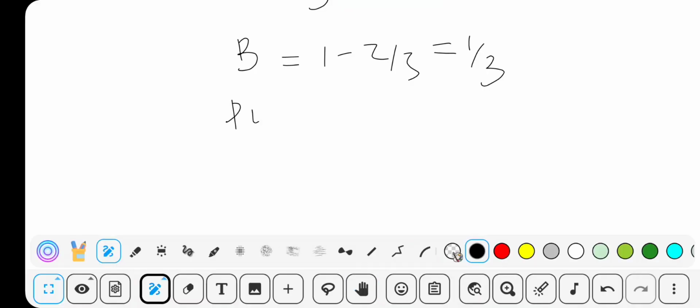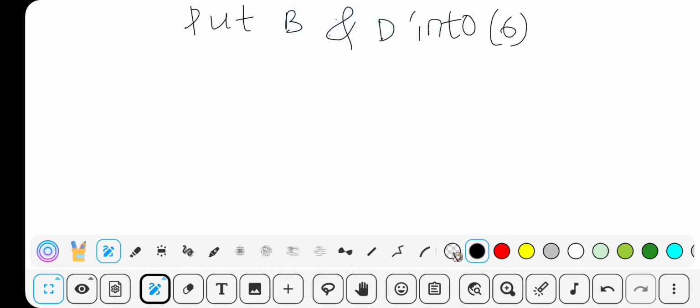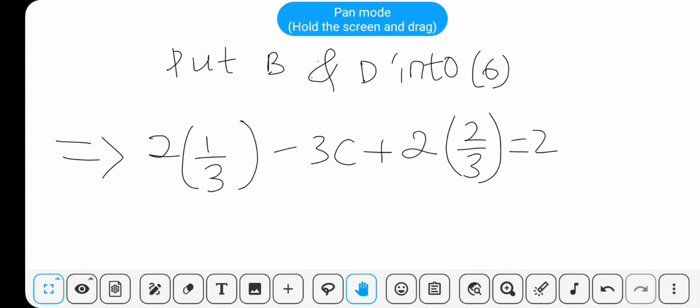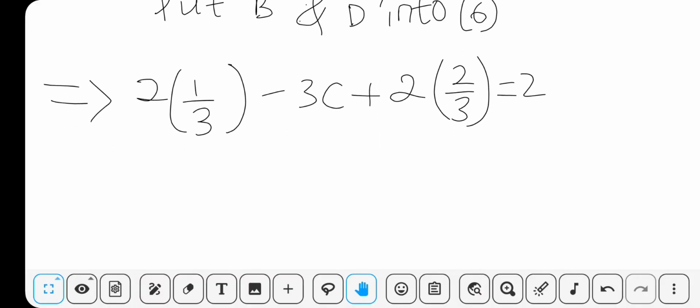Now we are almost done. Put b and d into equation 6. 2 times 1 over 3 minus 3c plus 2 times 2 over 3 is equal to 2, because from equation 6, 2b minus 3c plus 2d is equal to 2.